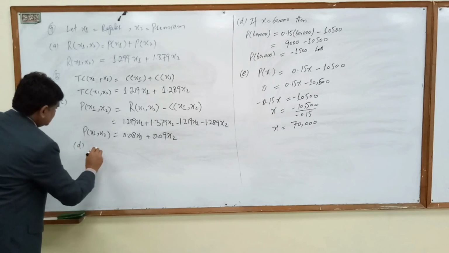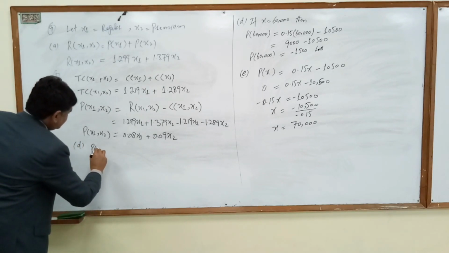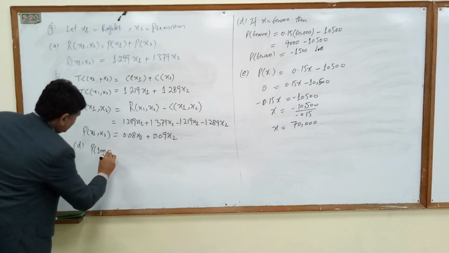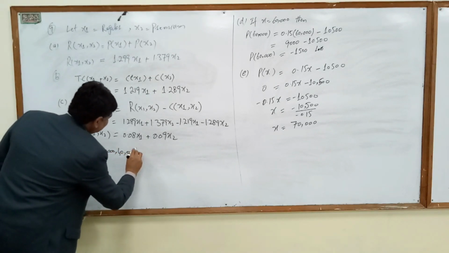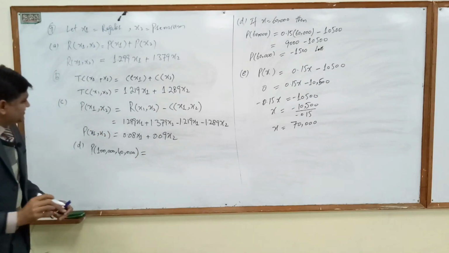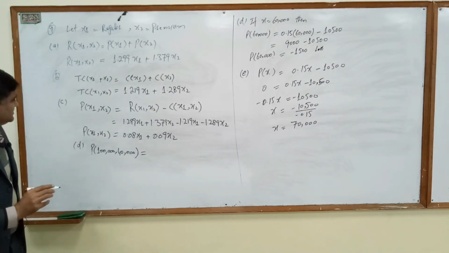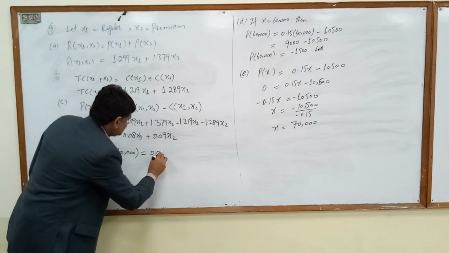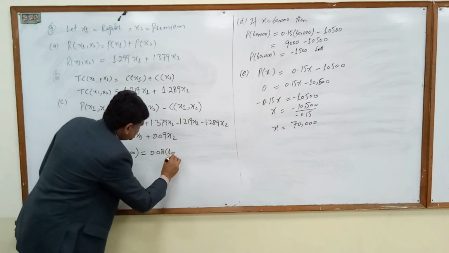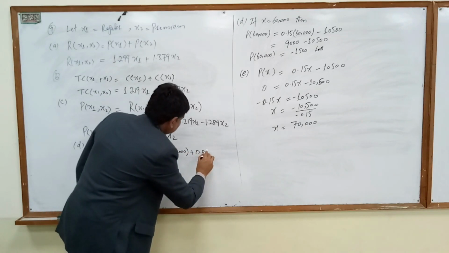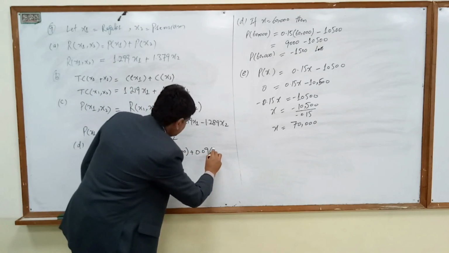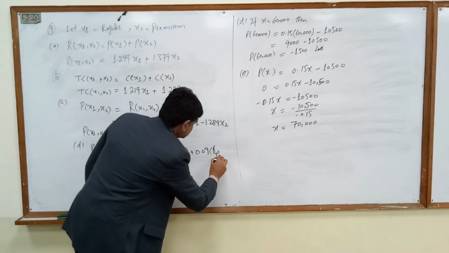Part D, profit of 100,000 of regular and 40,000 of premium. So 0.08 into 100,000 plus 0.09 into 40,000.